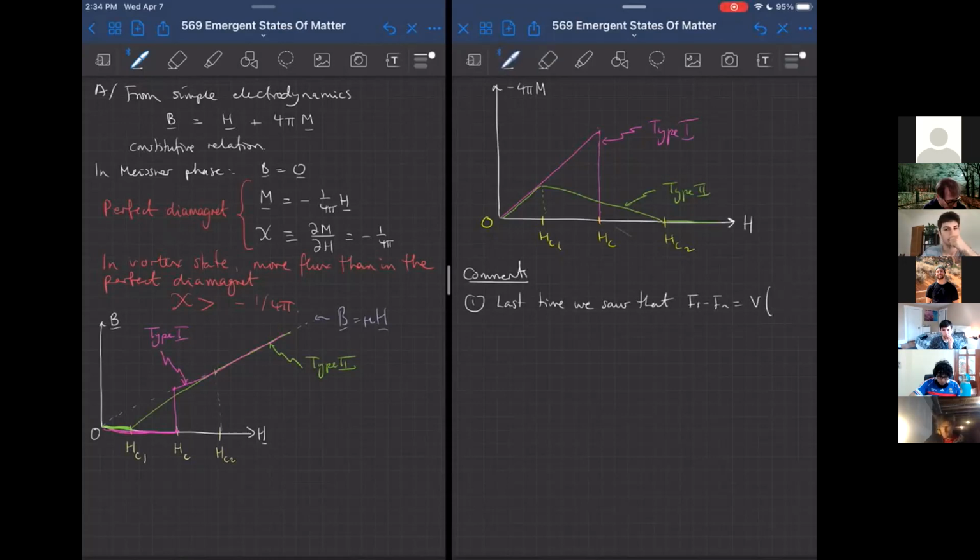Of course, that is what you get by integrating the magnetization dH, and it's the same for both type 1 and type 2.